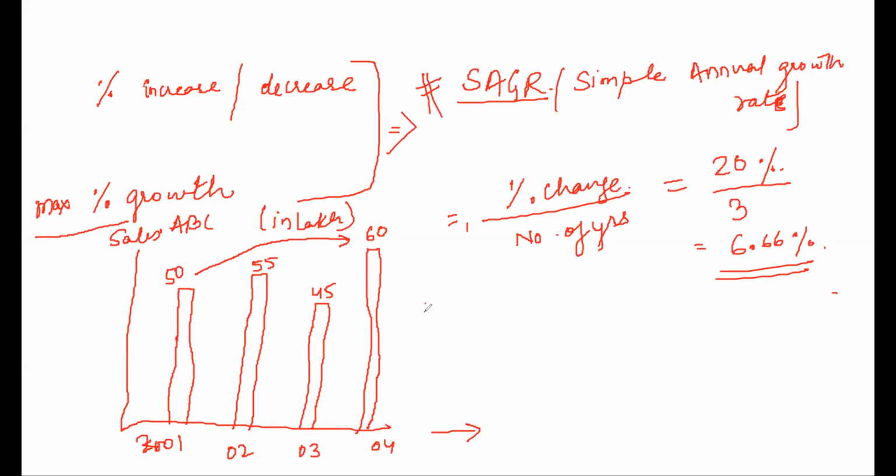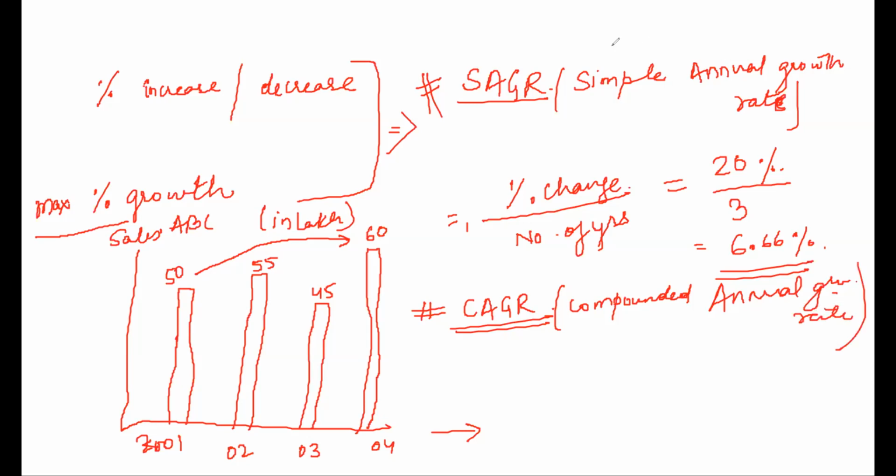Next, sometimes we might get a question which will ask what is compounded annual growth rate, CAGR. Same as simple interest, this is like compound interest. So again, same thing.